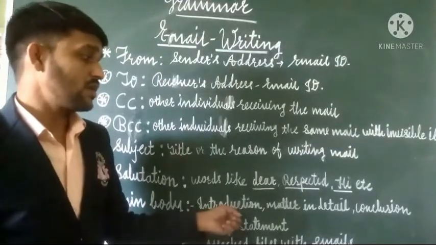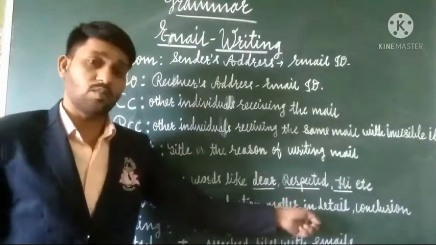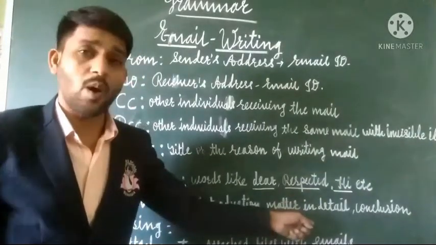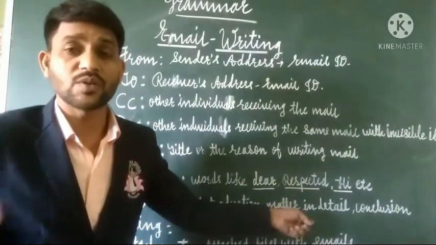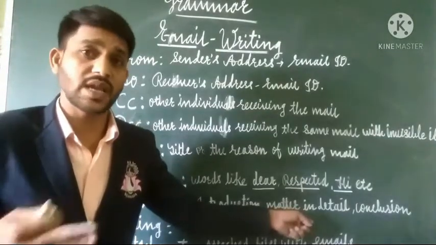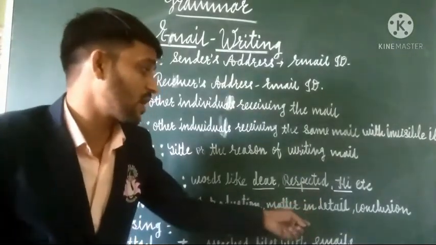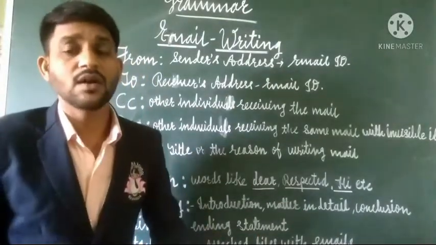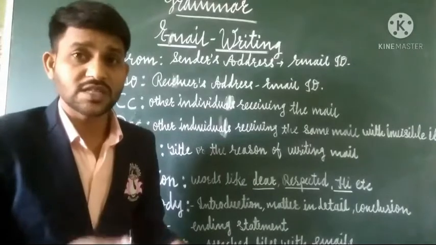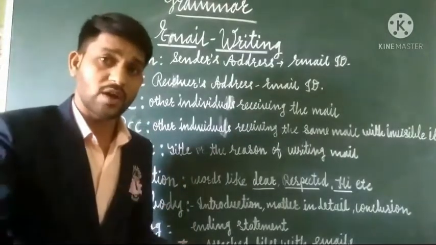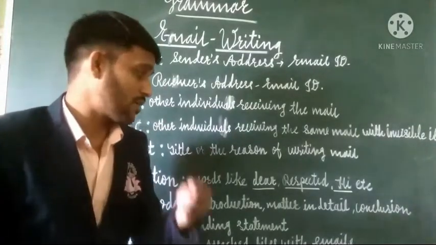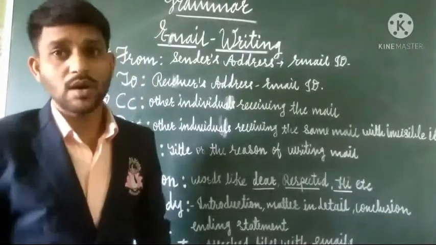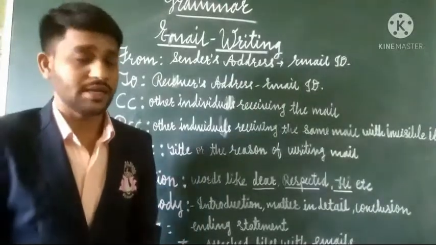Then it goes on with the matter in detail, what type of message, greetings, or communication you are going to write there with your feelings, emotions, etc. Everything will come in the matter in detail. The whole message you want to give to the recipients will come in detail, and then the conclusion will come to end the body of the email.